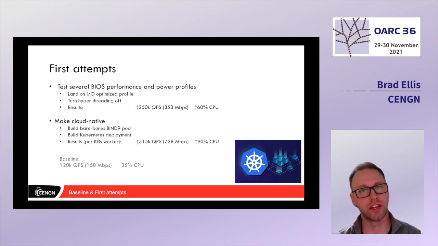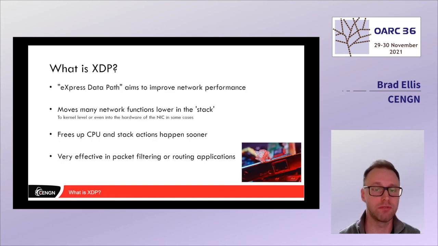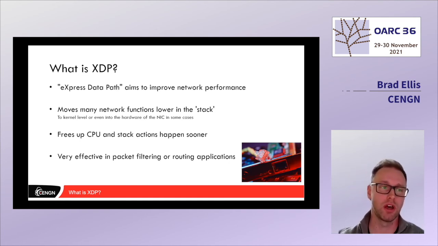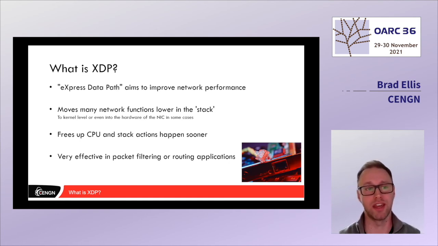So we started looking at some new technologies that might help us along, because clearly we're not CPU limited or something like that. And we found that one technology, XDP, would be very useful in what we think is going on here. XDP stands for Express Data Path, and ultimately it's there to improve network performance.